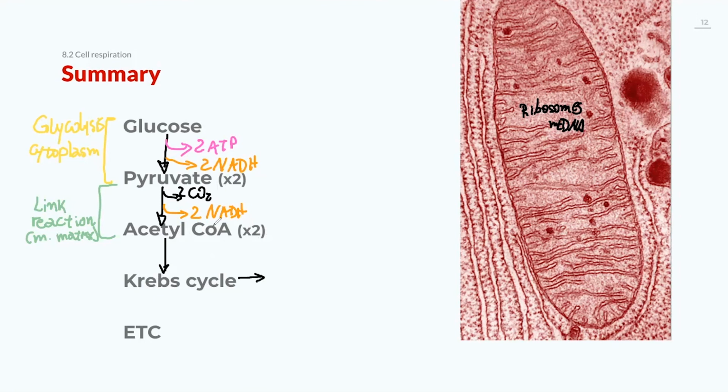From the 2 acetyl coenzyme A, you get 4 CO2, 2 ATP, 6 NADH, and 2 FADH2. The Krebs cycle also happens in the mitochondria matrix.